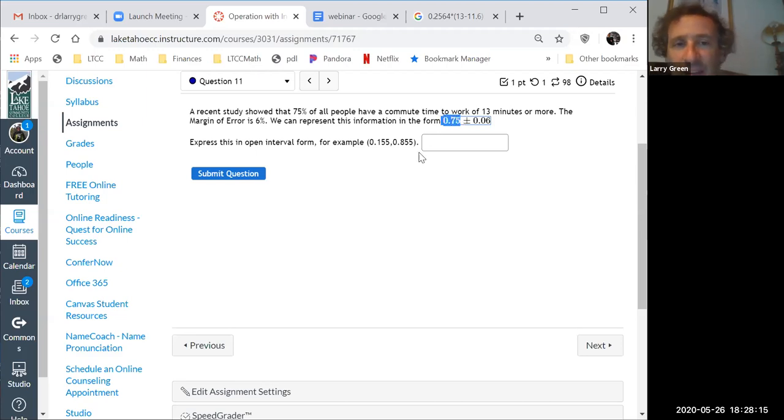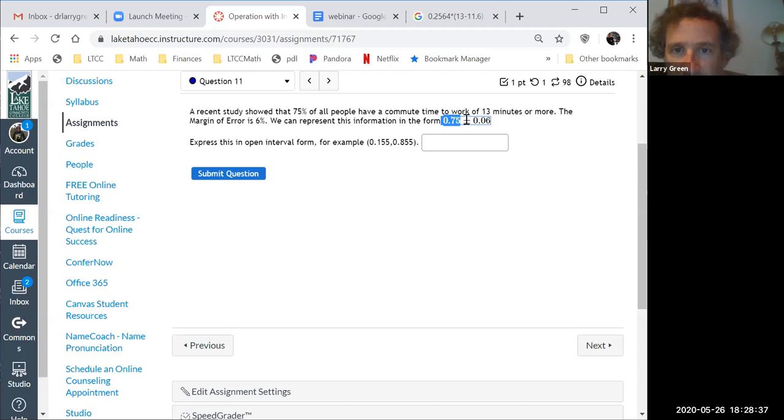And that's the 0.75. Okay, so that's from the study, the 75%. When you do a study, you don't learn about everyone in the whole country, you only learn about the people you asked. Is that clear? So 0.75 is the center of the confidence interval, or your best guess.